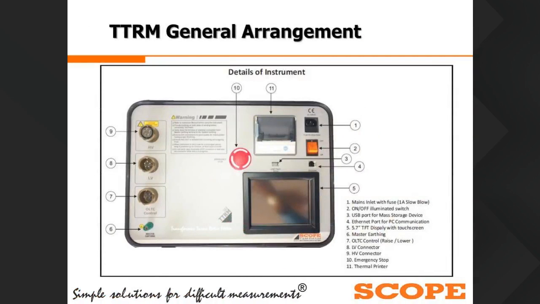Now we will go ahead with our instrument details. That is the instrument TTRM, and this is the front panel of our TTRM. Here we have given a mains inlet, then an on and off switch for starting and switching off.